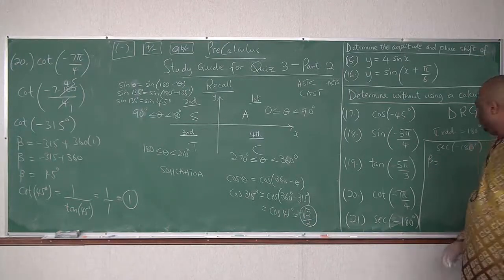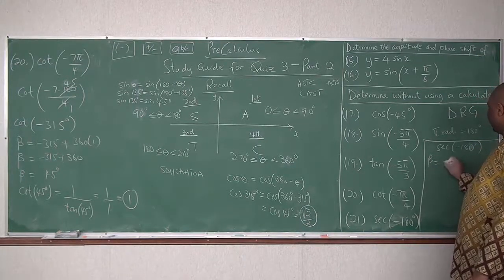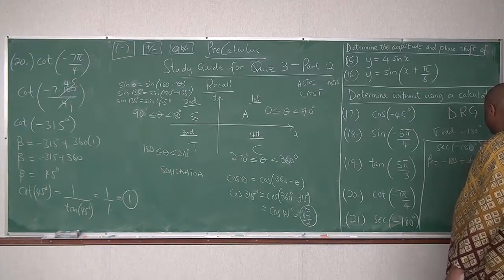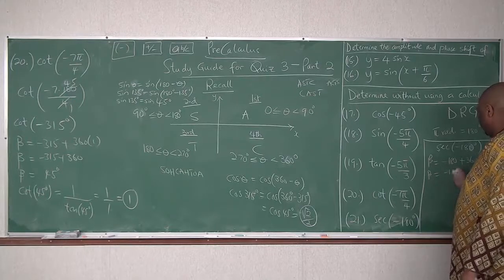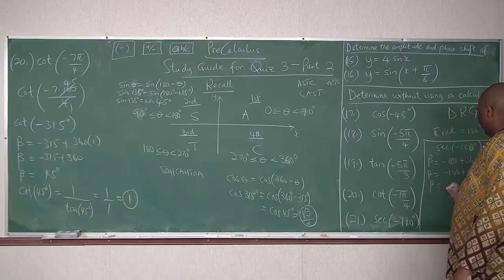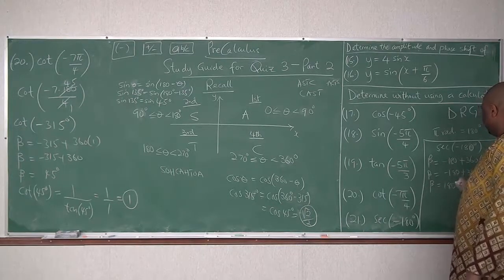Beta is negative 180 plus 360 times 1, so beta will be 180 degrees.